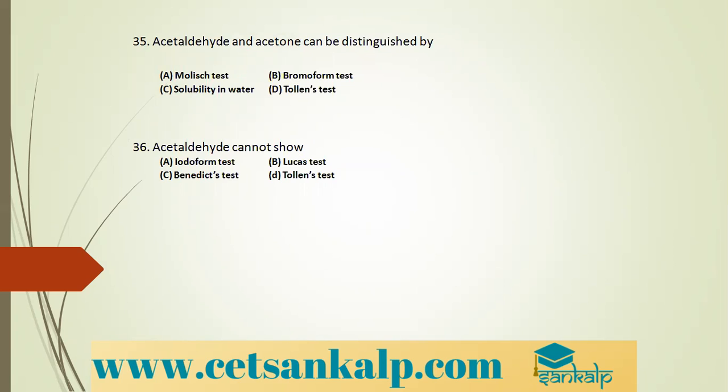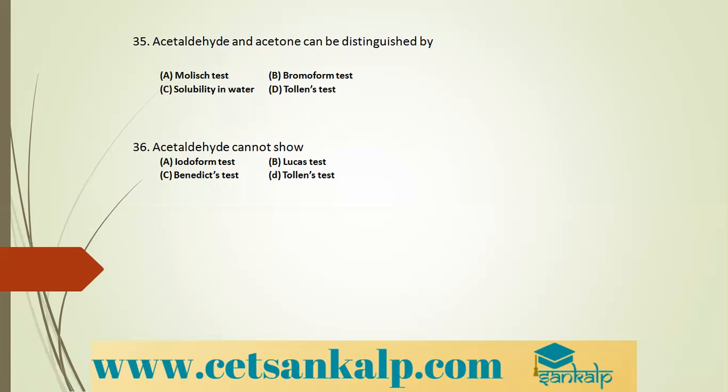Acetaldehyde and acetone. Same question. CH3CHO and CH3COCH3. These two can be distinguished by Tollens' test, right? Because both of them react in the other tests, whether it's Molisch test, haloform test, that is iodoform test, or solubility in water.